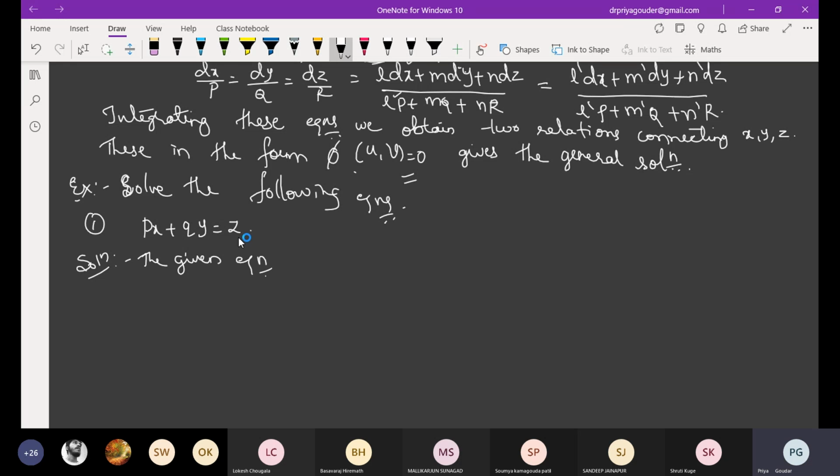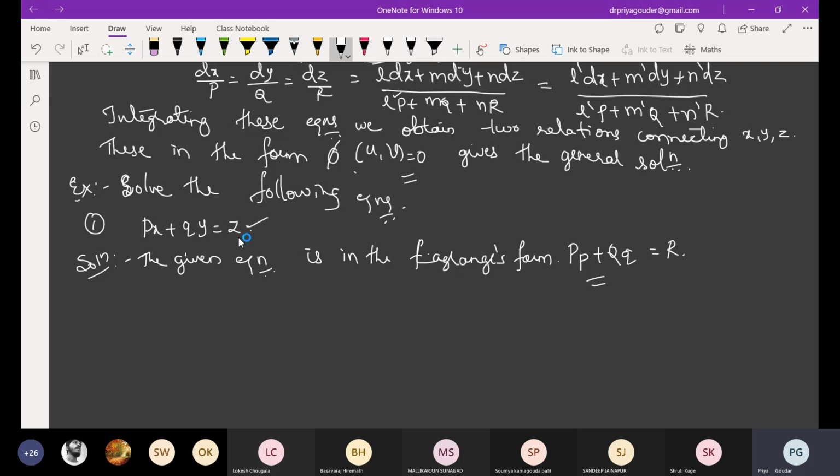Yes, Lagrange's. The given equation is in the Lagrange's form. What is the standard form of Lagrange's equation? Pp plus Qq equal to R. Am I right?